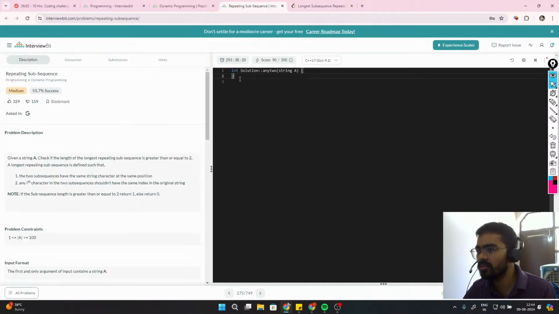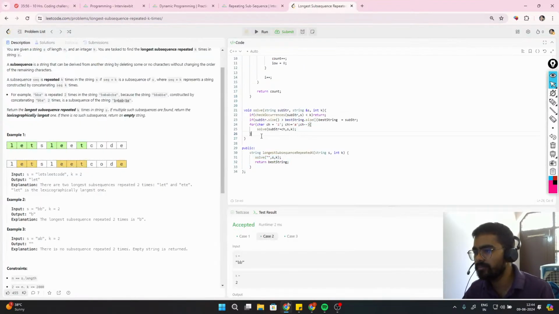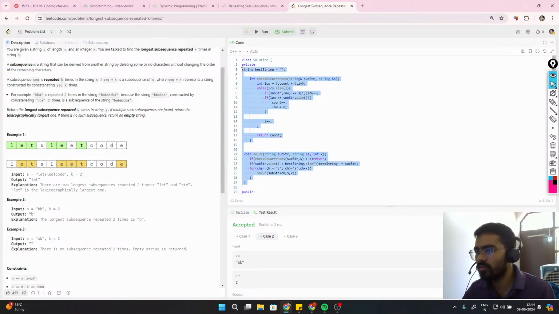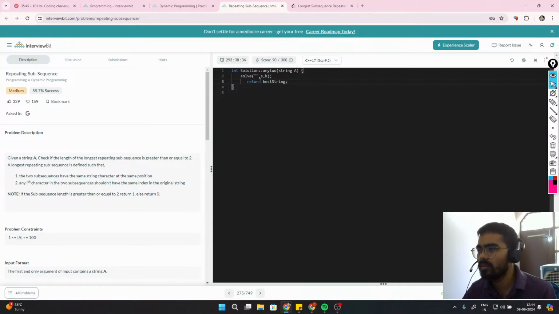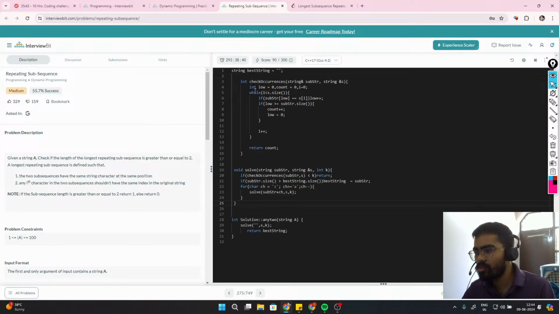Maybe this is the only solution for this also. The only thing here we have is k, but there we won't have k, we will directly have 2. It can be more than 2, but if it is lesser than 2, I'll return.